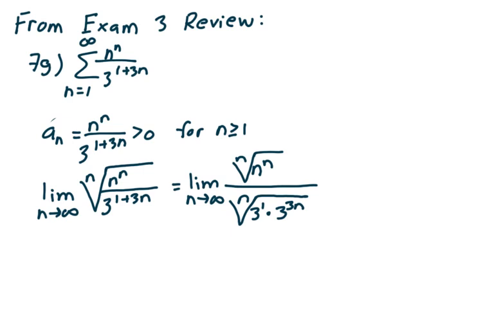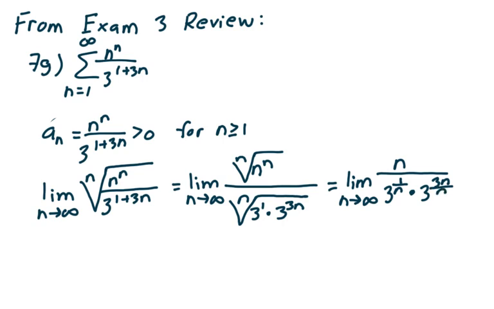The nth root of n to the n is just n. So this is the limit as n goes to infinity of n on top, and we get 3 to the 1 over n times 3 to the 3n over n.